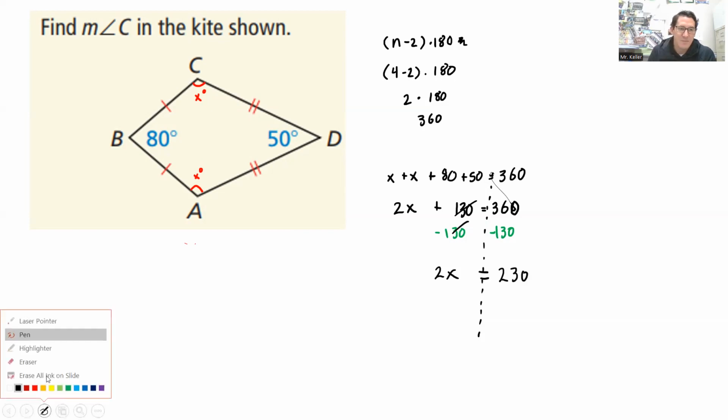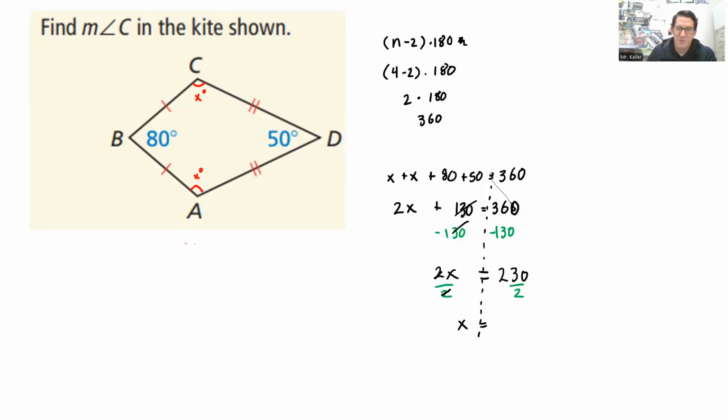And then the last step is to divide both sides by 2. So the times 2 divided by 2 cancels out. And I get x is equal to 230 divided by 2, which is 115. So that means angle C is 115 and angle A is also 115.